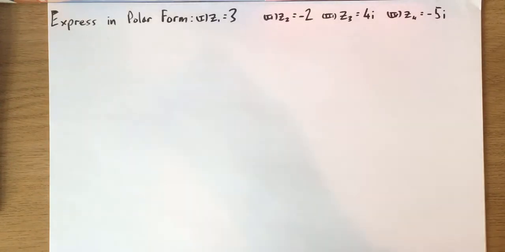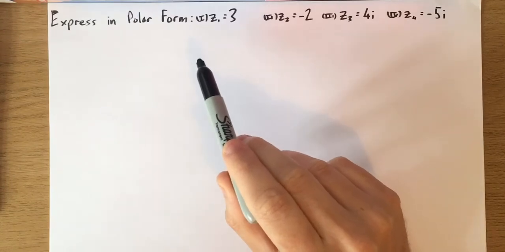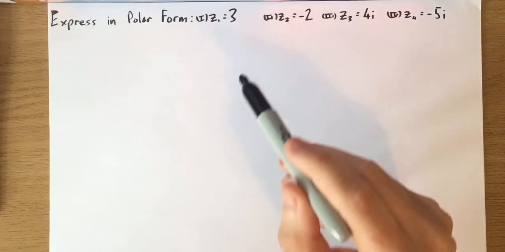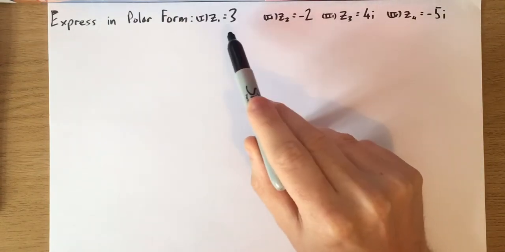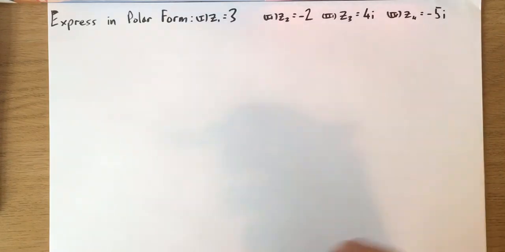All right, so I'm just going to do now converting numbers into polar form that are either purely real or purely imaginary. So 3 and -2 have a real part, don't have an imaginary part. 4i and -5i have an imaginary part, don't have a real part.